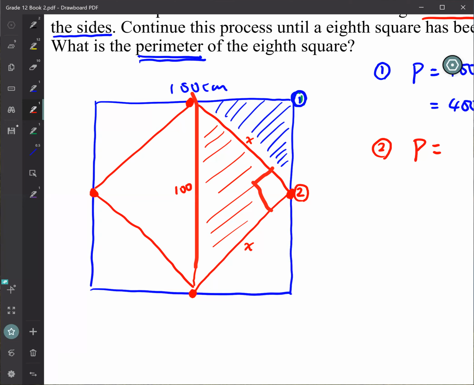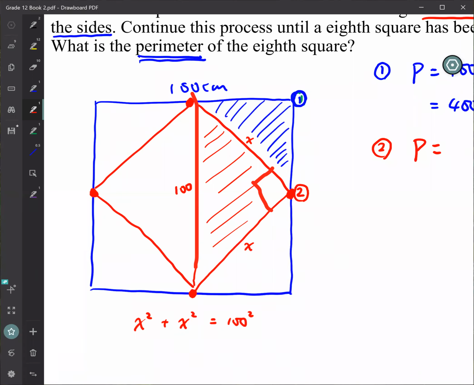Okay, so which one's ABC here? 100 is c, and then x would be a and b. Yeah, okay, so it'll be x squared, right? A squared plus b squared equals 100 squared. Okay, so if we do like this, we can solve for x, right? So let's ask Donna, how do we proceed from here?